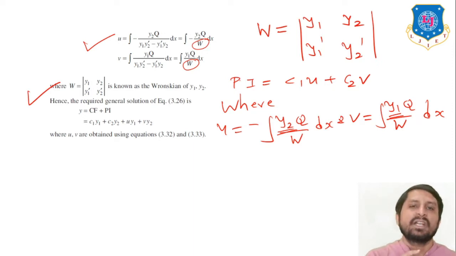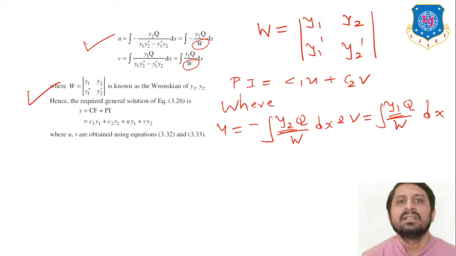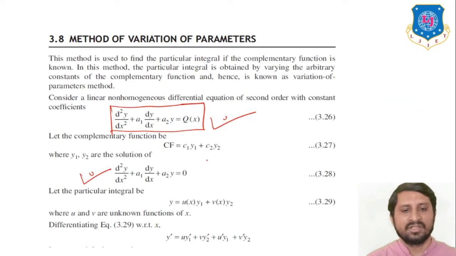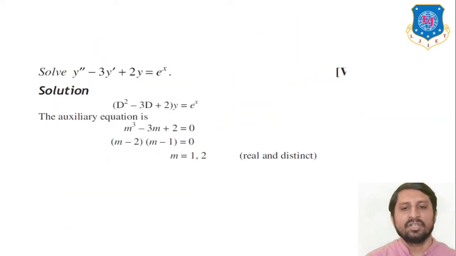The function multiplying c1 is y1, and the function multiplying c2 is y2. So y1 and y2 are clear. W is the Wronskian determinant, which we find from y1 and y2, that is the determinant of y1, y2, y1 dash, y2 dash. And q is the function on the right side.